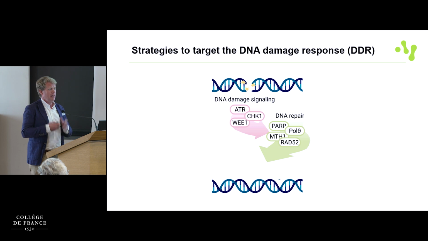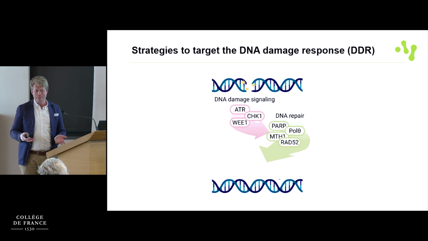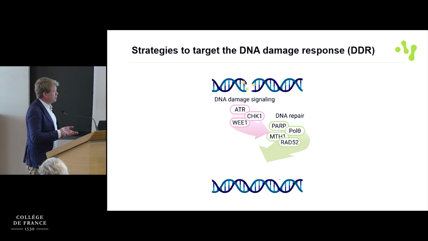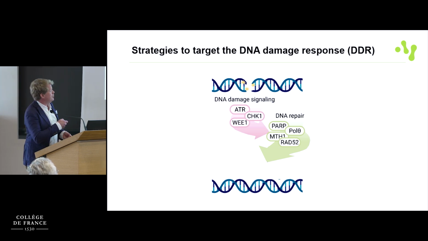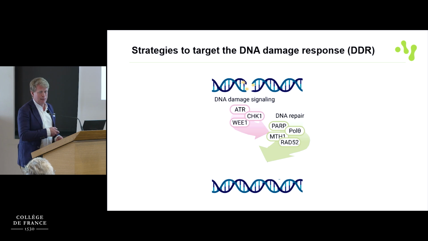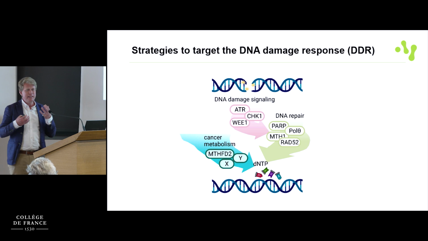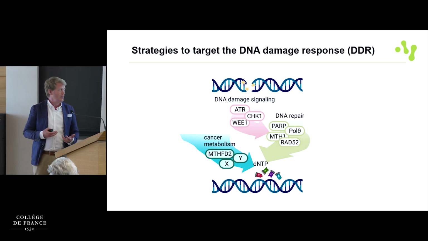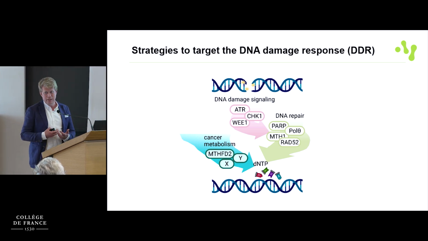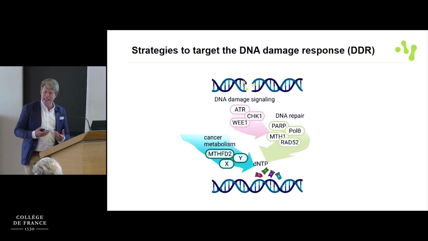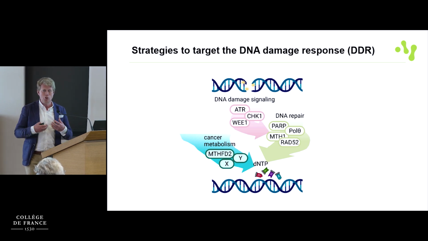So we were thinking, how are we going to select a new target? In order to complete DNA repair, you need building blocks. Here you lack building blocks. Here you need building blocks, nucleotides. And nucleotides in cancer are generated through a different pathway than in normal cells, because there is cancer-specific metabolism that contributes to the generation of nucleotides in cancer.